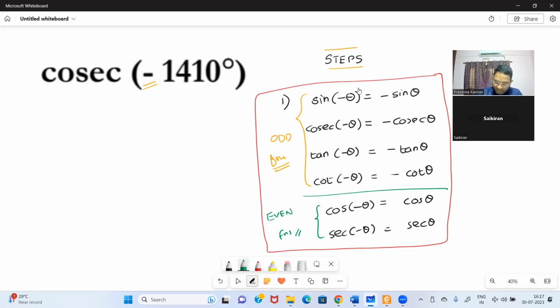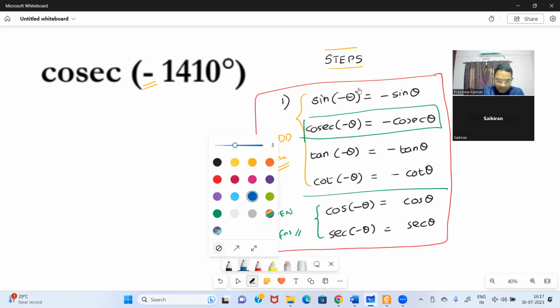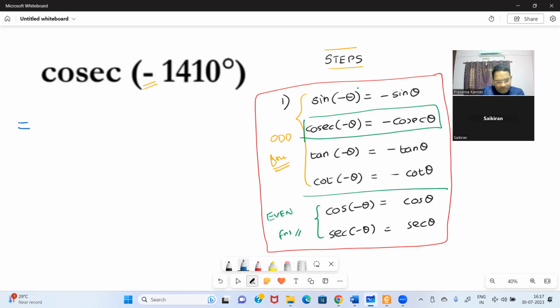Now in this question, what should you write? Cosecant of minus theta can be written as minus cosecant theta. Exactly. So cosecant of minus 1410 can be written as minus cosecant of 1410.